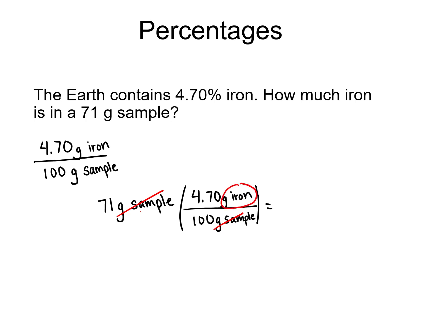That way we can figure out how much iron is in the sample. Now don't forget, when you're doing this, you multiply by the number in the top, divide by the number in the bottom.